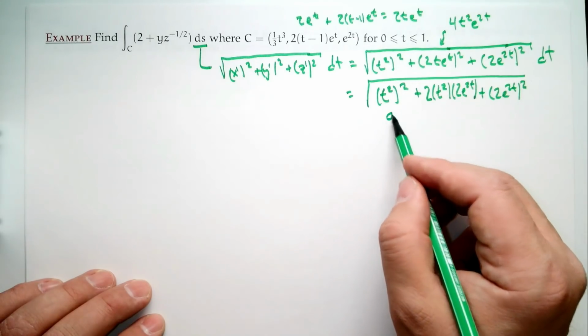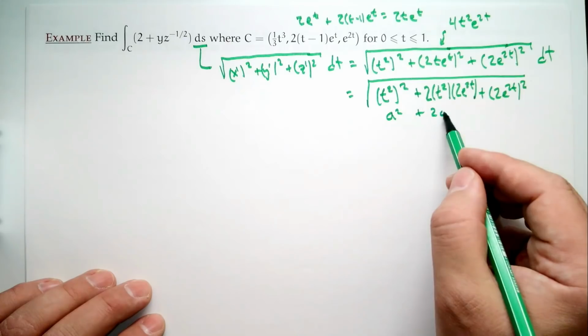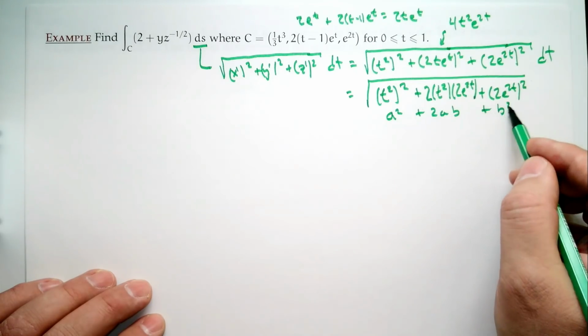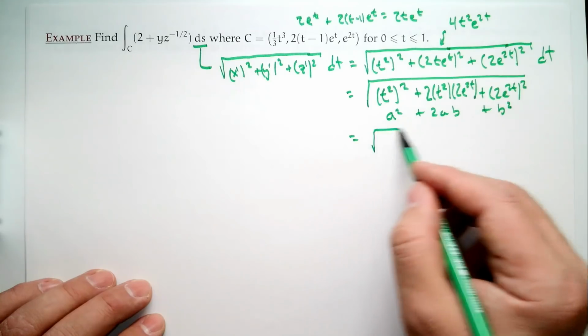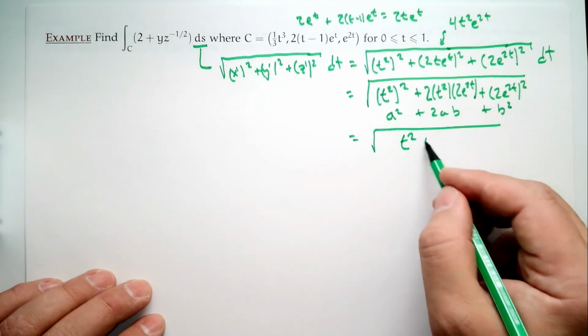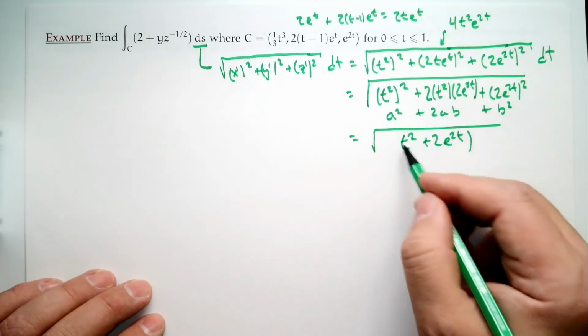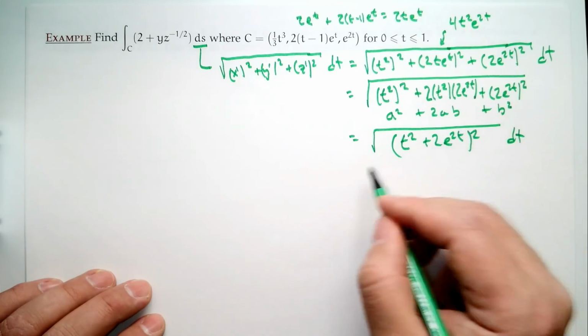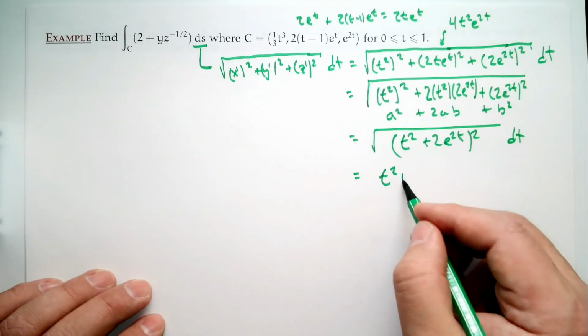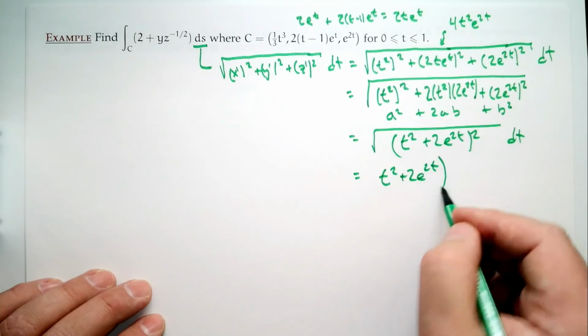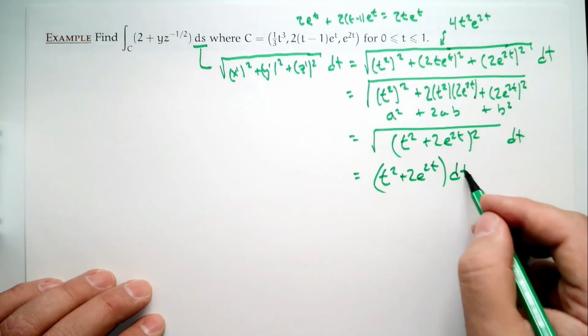In other words, you have a squared plus 2ab plus b squared. So this becomes the square root of t squared plus 2e to the 2t quantity squared, or simply t squared plus 2e to the 2t. All right, so that's our ds.